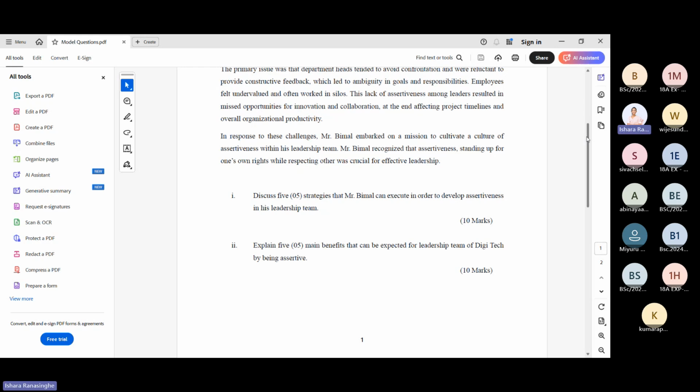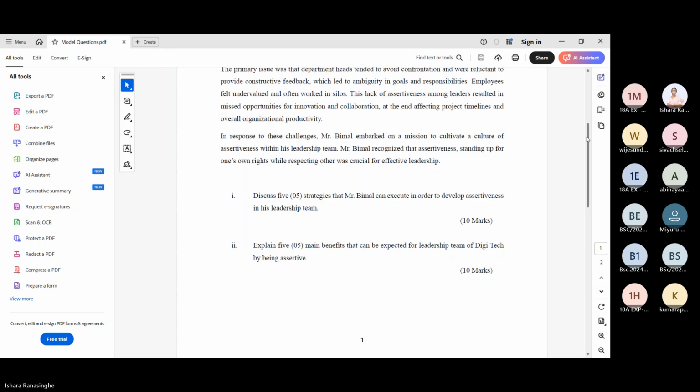In your draft answer, if it is not direct from the slide, then no problem.